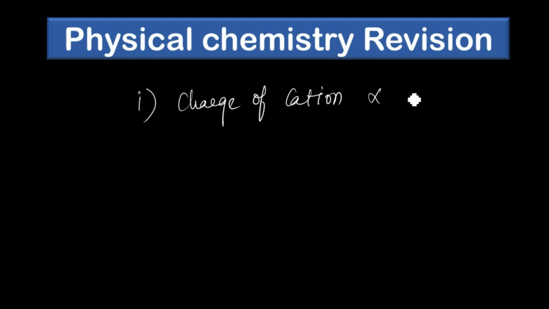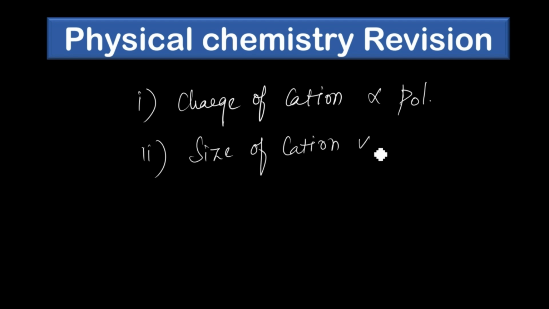And what are the factors affecting polarizability? That is the charge of cation or anion, which is directly proportional to polarizability. The size of cation is inversely proportional to polarization and inversely proportional to covalent character.